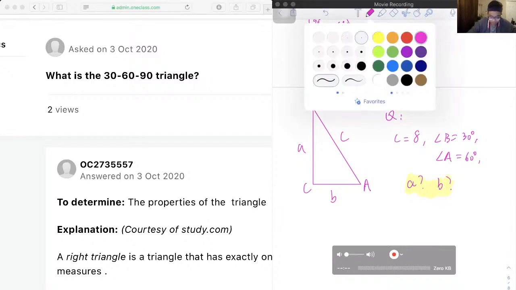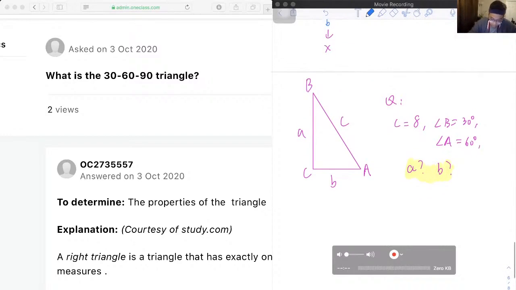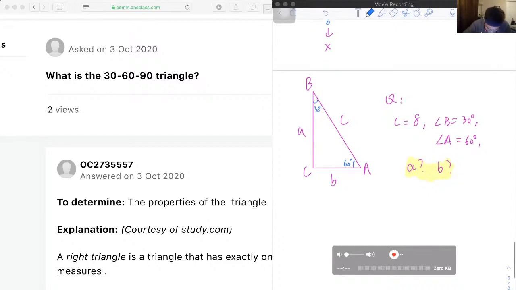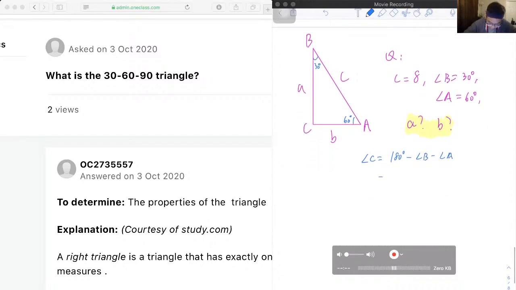So therefore, we apply the given conditions to our graph. We know B is 30 degrees and A is 60 degrees. And according to the triangle angle sum, the total interior angle should be 180. So the angle of C is equal to 180 minus the angle of B minus the angle of A. Substituting the values gives 180 minus 30 minus 60, which is 180 minus 90, which is 90.